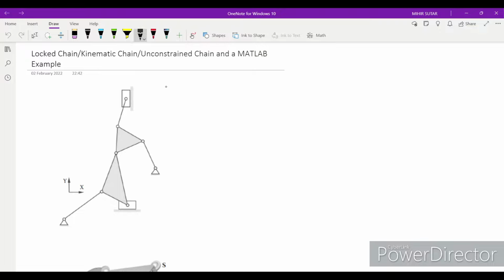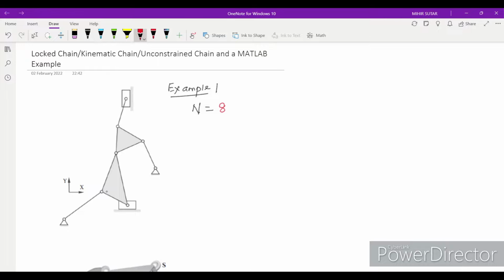So we'll take this first one as an example. Let's say this is example 1. We have this figure with us having some links and joints. In this particular example, we can identify the number of links. Let's say n is the number of links. If you consider here, you will see there are in total 8 links.